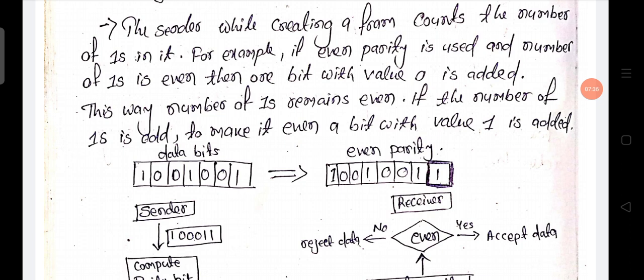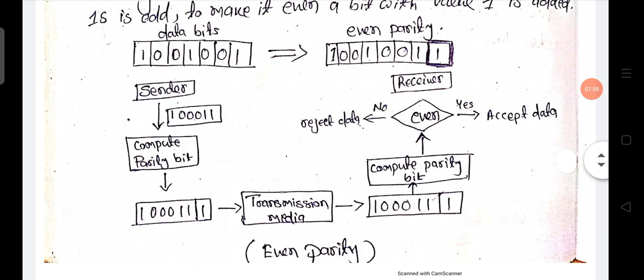Now see the process of even parity. The sender sends the digital signal. First, compute the parity bit: count the number of 1s, and if it is odd, add one bit.